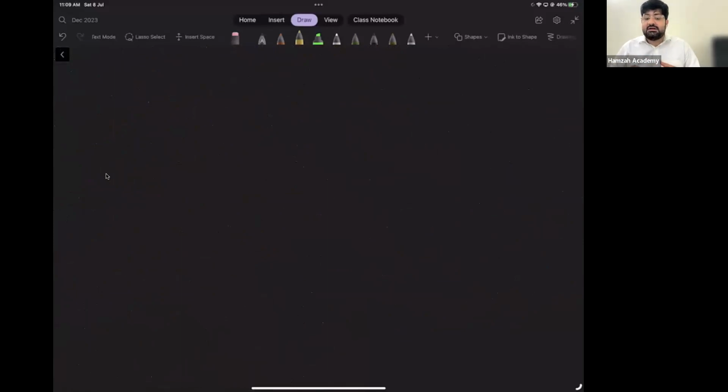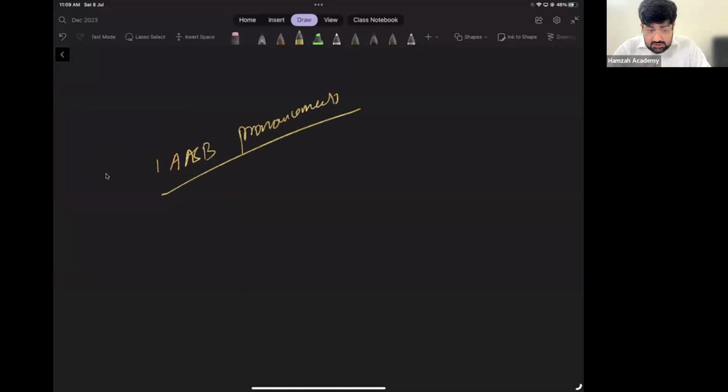So let us summarize. IAASB, International Audit and Assurance Standards Board, pronouncements means what standards they issue.